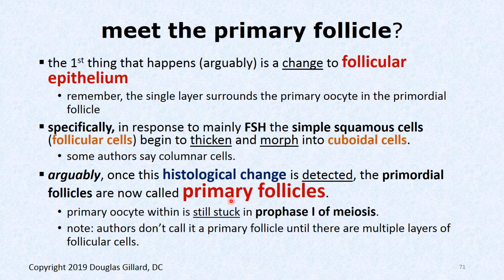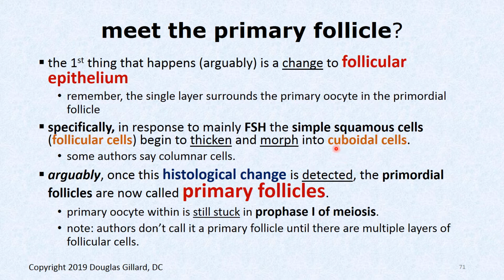So you no longer have a primordial follicle; it switches to a primary, or growing, follicle. I shouldn't call it that, because there's actually a name for that coming. But for our purposes, when you see primary follicles, that means this is one of the 50 selected for the race, and that inner membrane has changed into cuboidal instead of squamous cells.